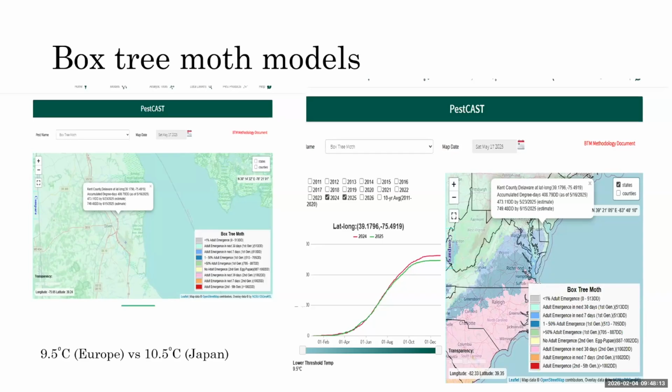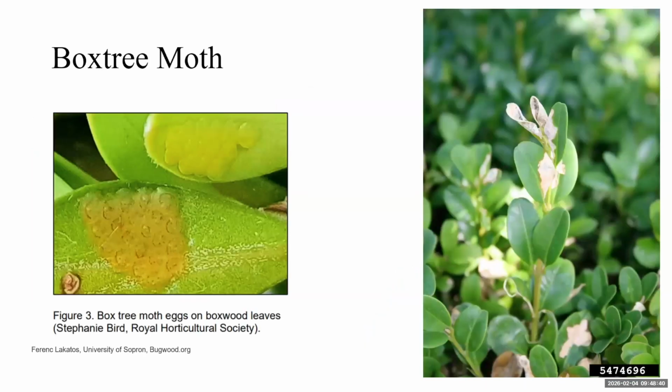So it wasn't quite accurate, which is another reason why we want to look at this closer. Because if in Italy, from one side of the country to the other, they're having a difference in generations, going from New York down to us in the mid-Atlantic could have different numbers of generations. New York may only have 2, but we could have 3. And so we need to look at that.